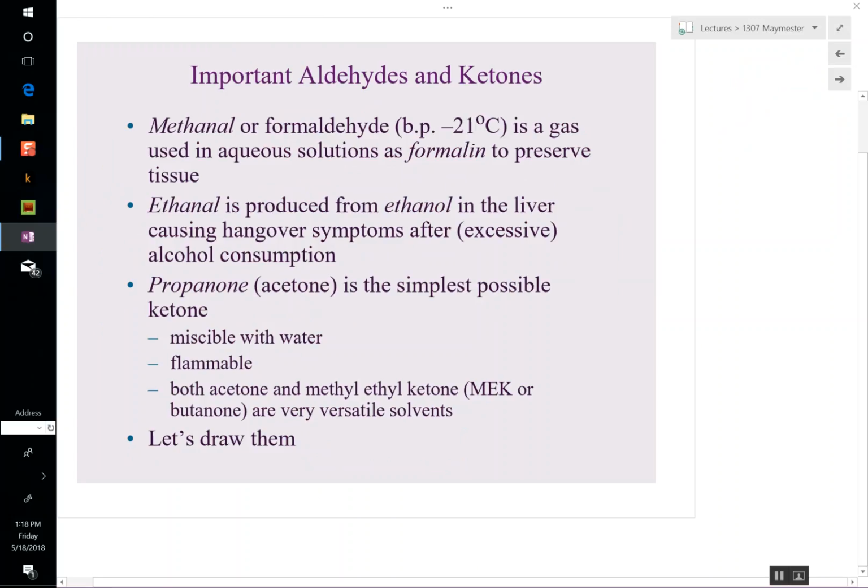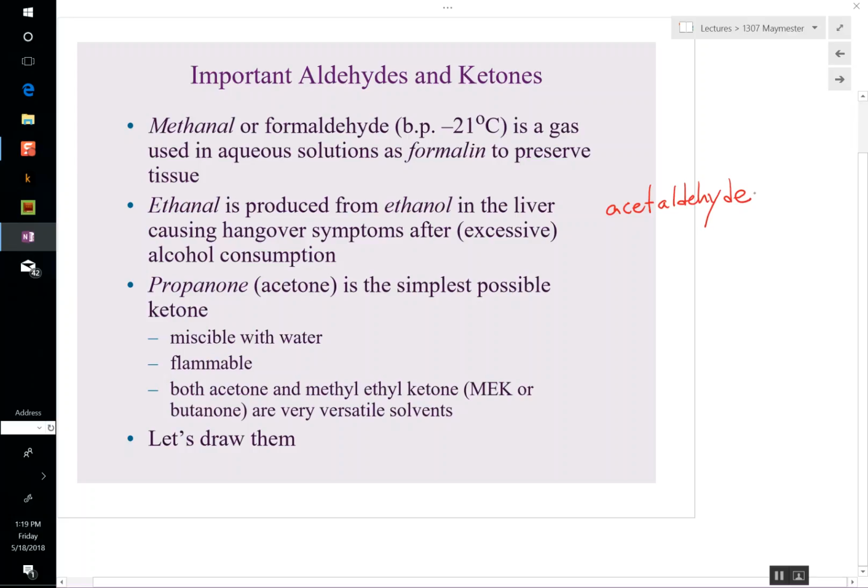Here's just a bunch of slides to quickly mention some important aldehydes and ketones. Formaldehyde preserves tissue. This is a carcinogen. Formaldehyde is a carcinogen. It's methanal or formaldehyde. Ethanal is produced in the liver. It's also called acetaldehyde.